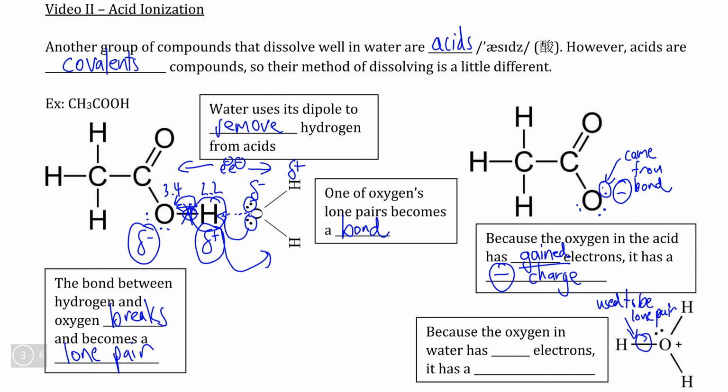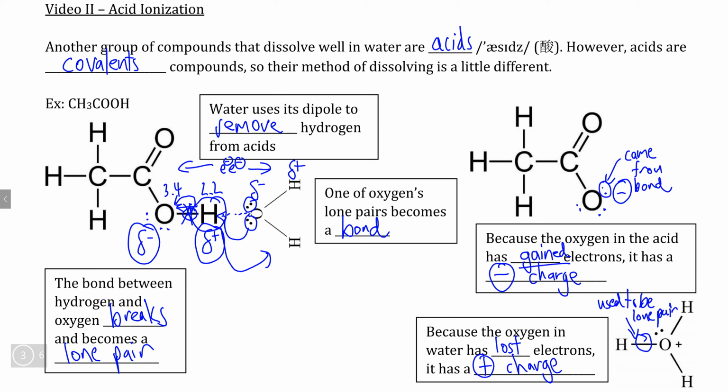So this lone pair moved away from oxygen and to the hydrogen, which means that this oxygen has lost electrons because they moved away from it, so it has fewer electrons than it used to. And anything that loses electrons is now going to have a full positive charge.